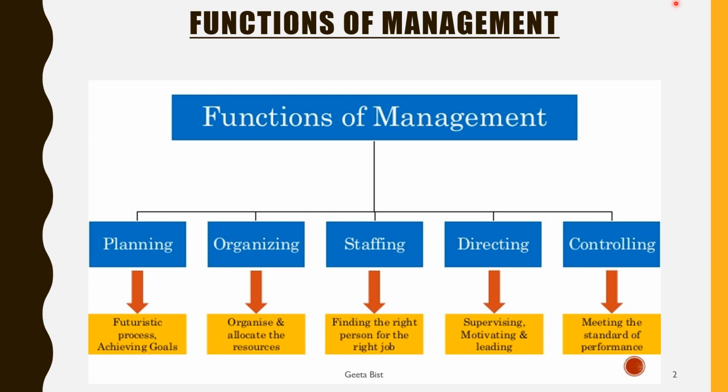And as these are the functions management performs to get things done, the presence of these functions makes management a process involving a series of continuous functions, where the first step of the process is the planning function, which is a futuristic process wherein we forecast the future or try to anticipate some activities and set our plans, and in accordance with the plans that we set, we try to develop a way of achieving those plans effectively and efficiently.